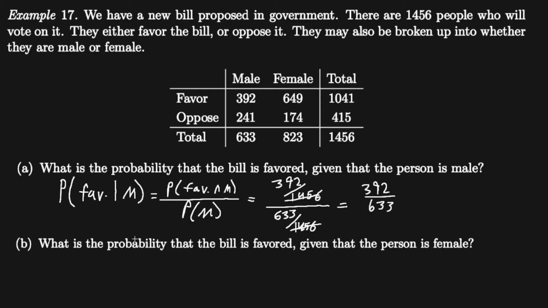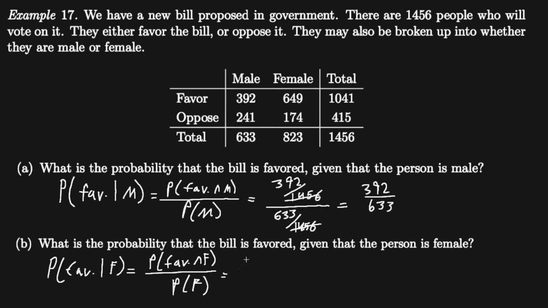Now we can move on to part B: what is the probability that the bill is favored given that the person is female? Now this is the probability of favored given that they are female. This is equal to the probability of favored and female over the probability of female.